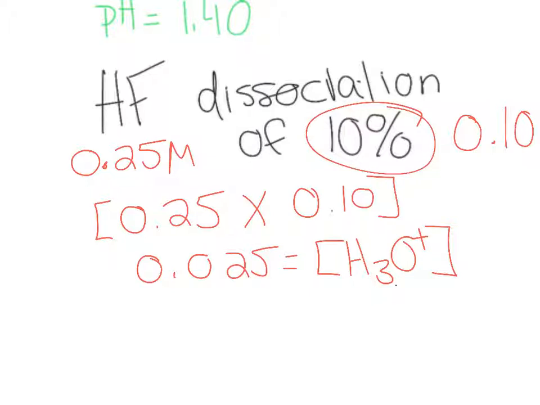Now we've finished figuring out the concentration of hydronium or hydroxide for polyprotic and polyhydroxide ions, and how to use it for a weak acid or weak base. From here, you could then plug it into the pH calculation.